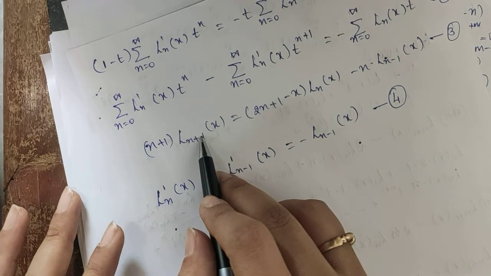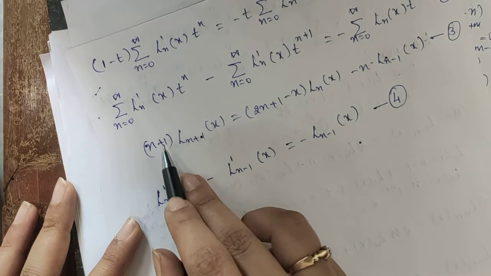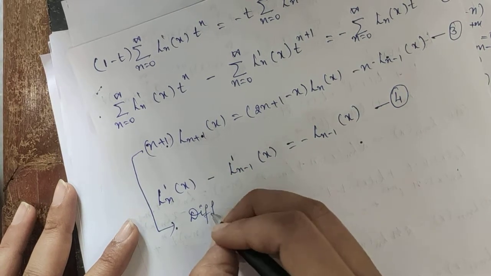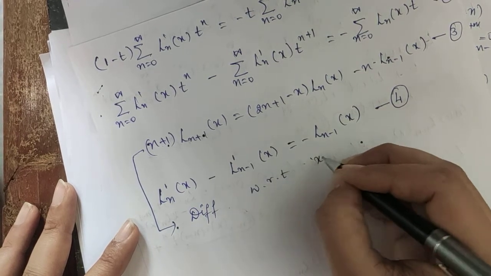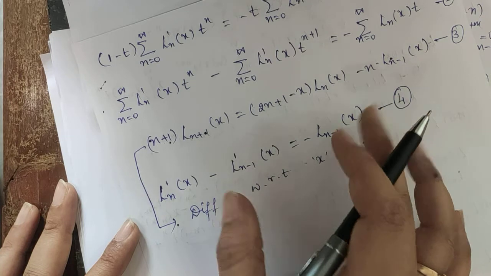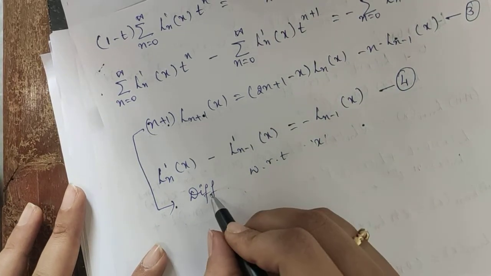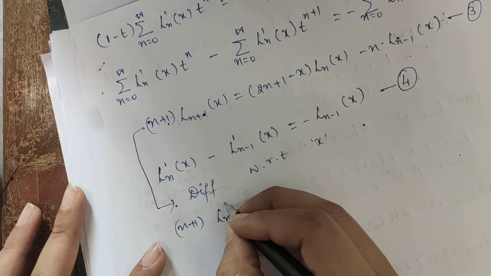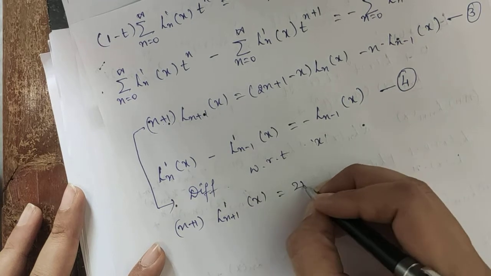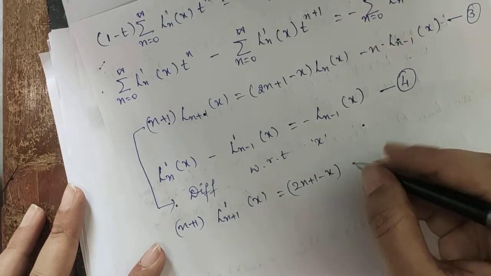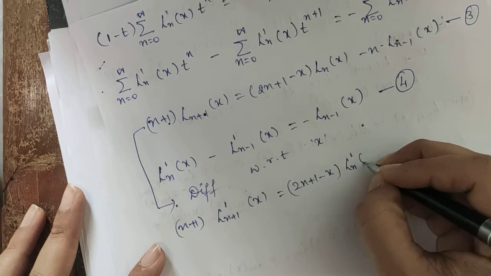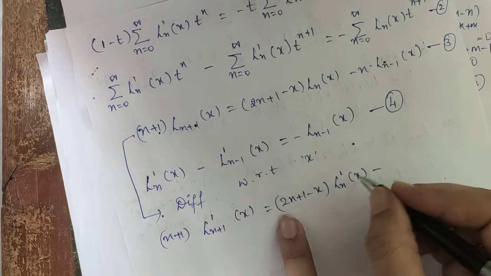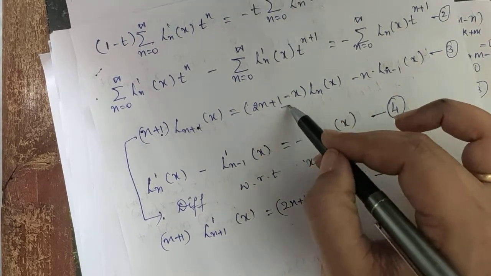Differentiate your equation number 3, that is your first recurrence relation, with respect to x. We are doing all this simplification for our convenience. Okay. So if I differentiate equation 3, we will get n plus 1 into L dash of n plus 1, which is equal to 2n plus 1 minus x into ln dash of x minus, so we are applying the product rule over here.